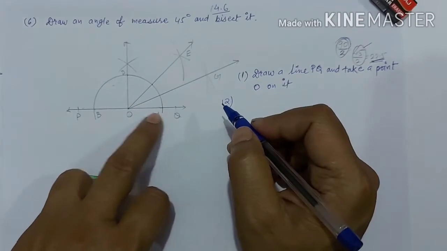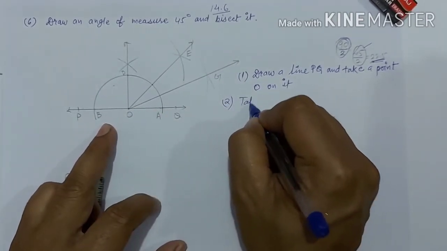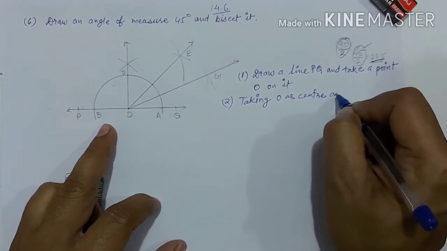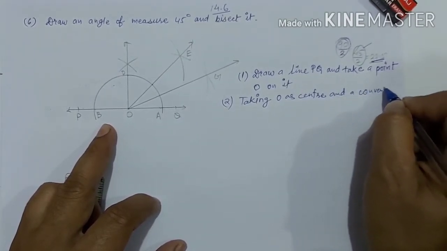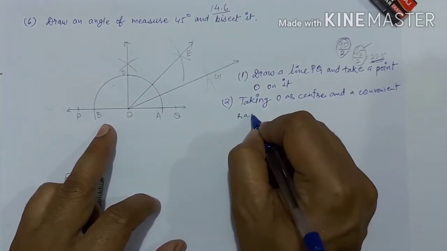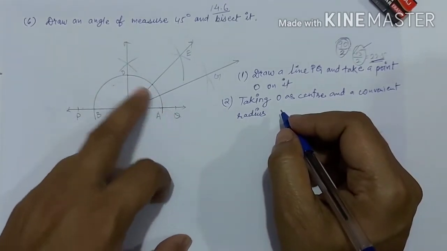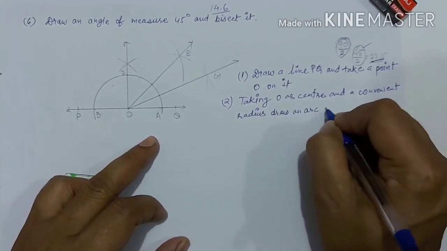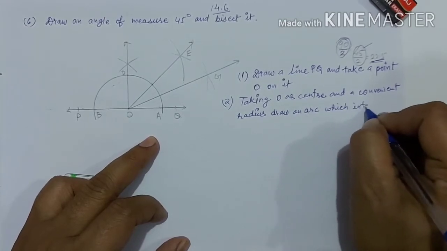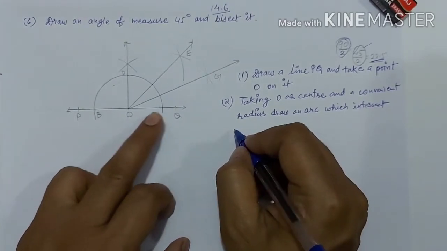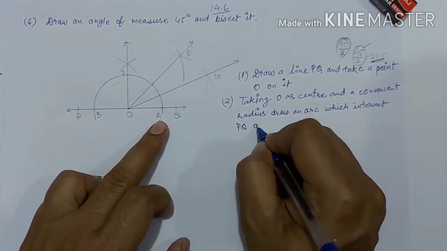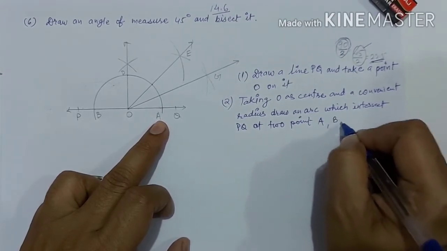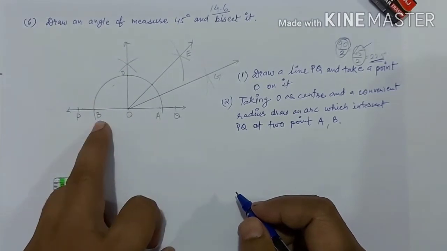Second, the two points A and B. Now we take O as center and a convenient radius, and draw an arc which intersects PQ at two points, first point A and second point B. Okay, the arc, the intersect points and AB.